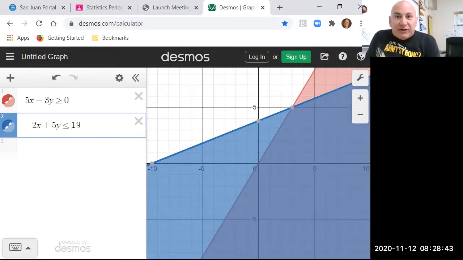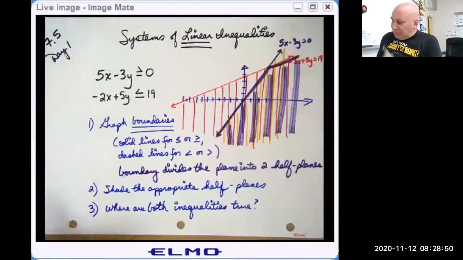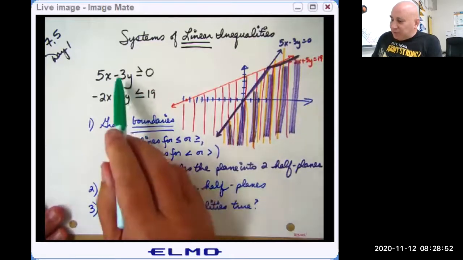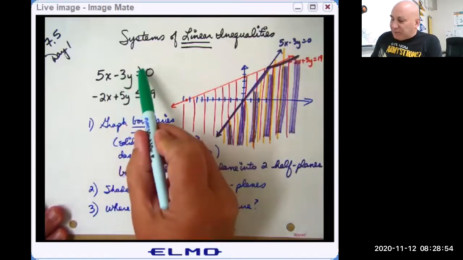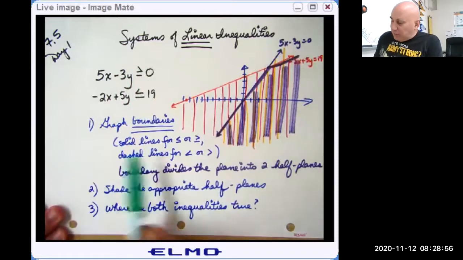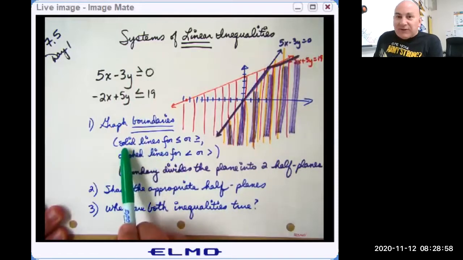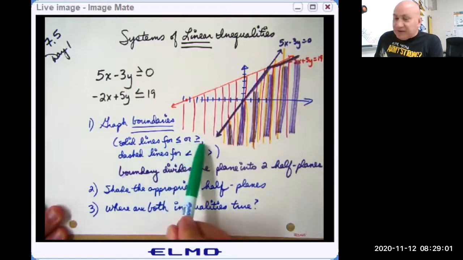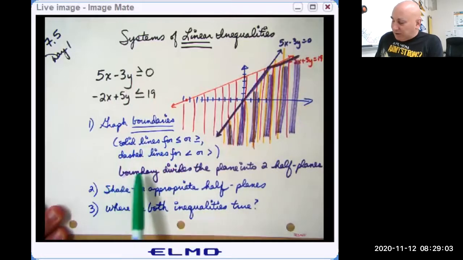So in a system of linear inequalities, recall, there are 3 steps. Those 3 steps are to graph the boundaries, which are just the lines. You just change whatever sign you get to equals, keeping in mind that you graph it as a solid line if there is an equal sign in the inequality.